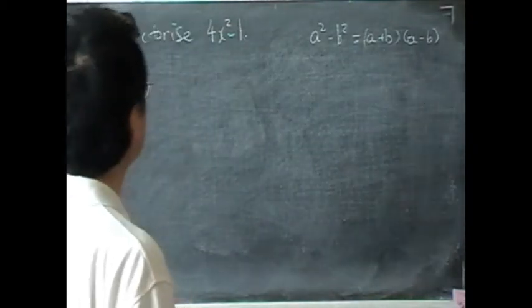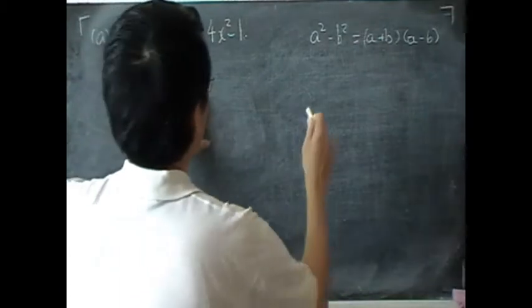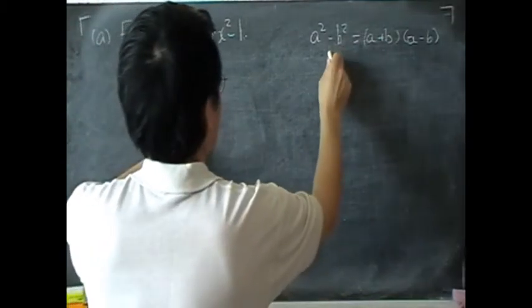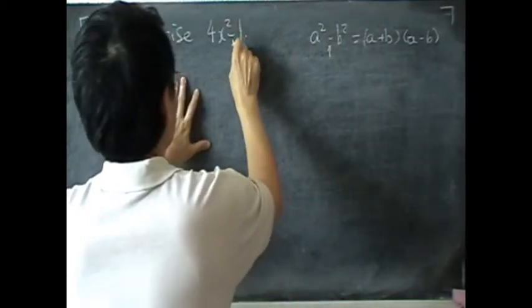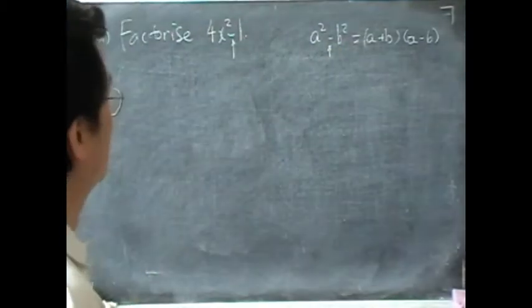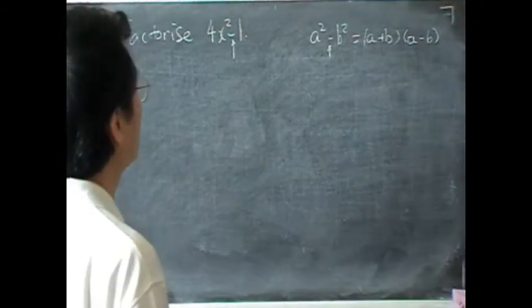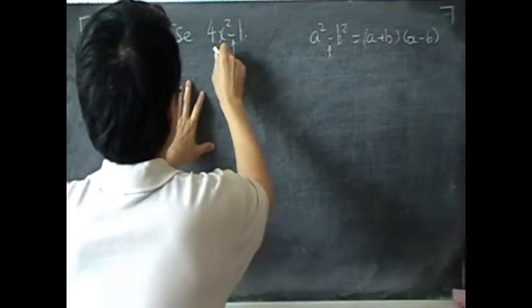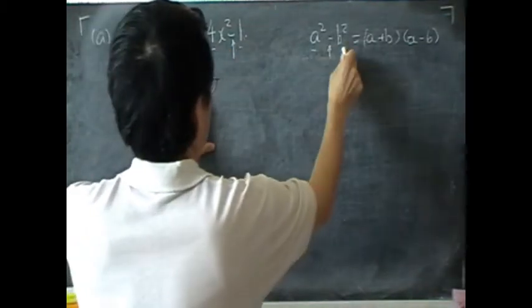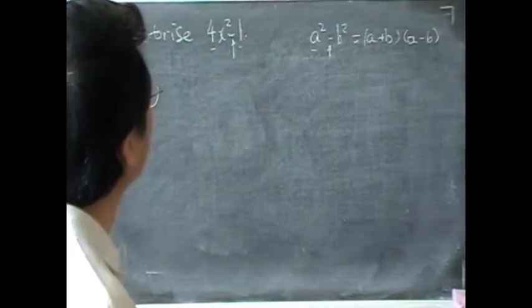Well, the obviously similar thing is the minus sign there and the minus sign there. And then the next thing is that there are two terms here and two terms there.